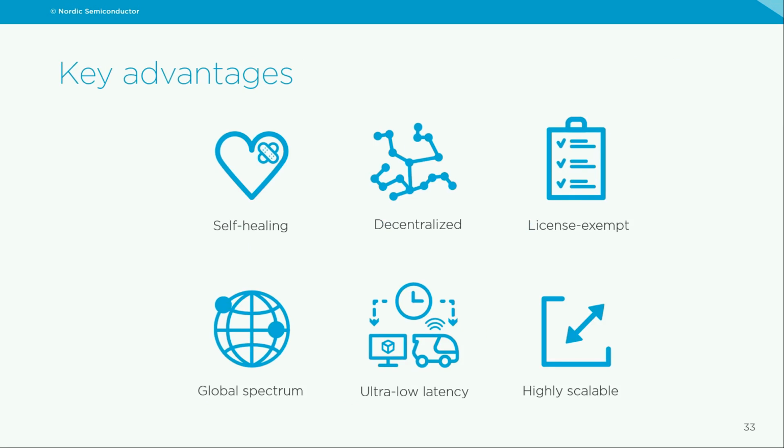So then all this together brings in the key advantages for this technology. One is the self-healing properties from the MAC layer, and also the decentralized features of this technology. It's license exempt and the global spectrum. So since it's license exempt, it's free to use for anyone.